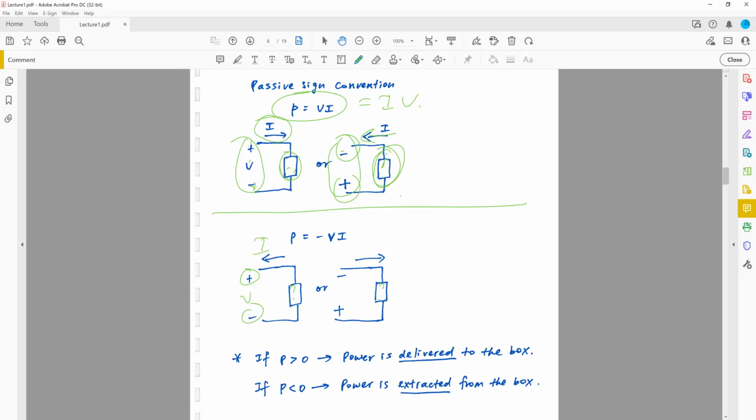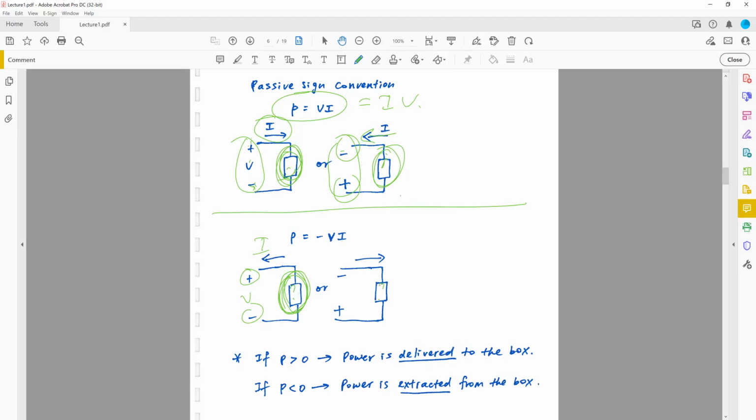Instead of delivering current to this element, I'm seeing this element return current back to this voltage source.